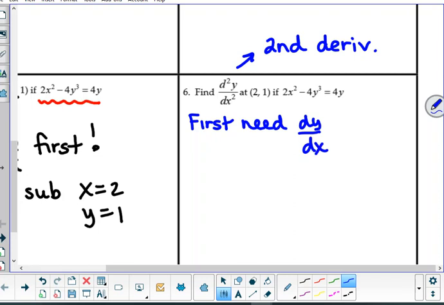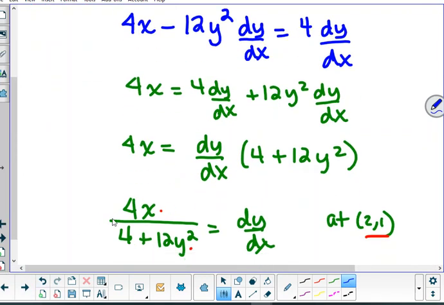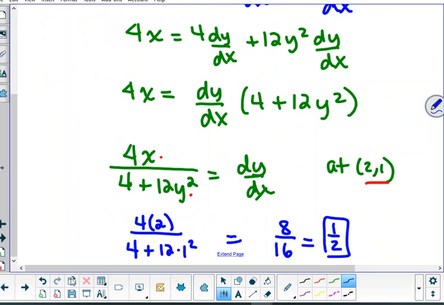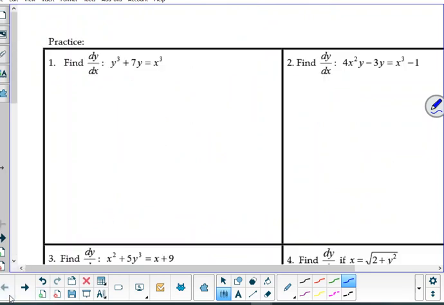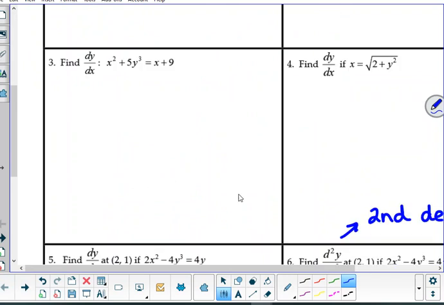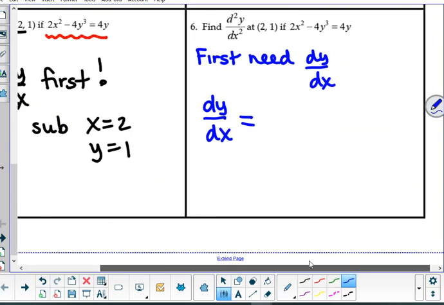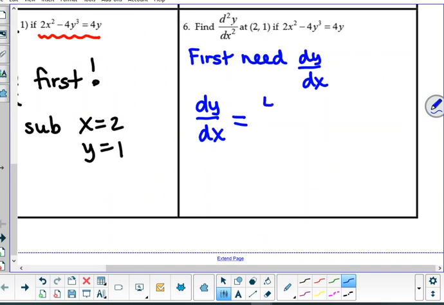And so let's go back to what we got for our dy/dx in symbolic form. 4x over 4 plus 12y squared.